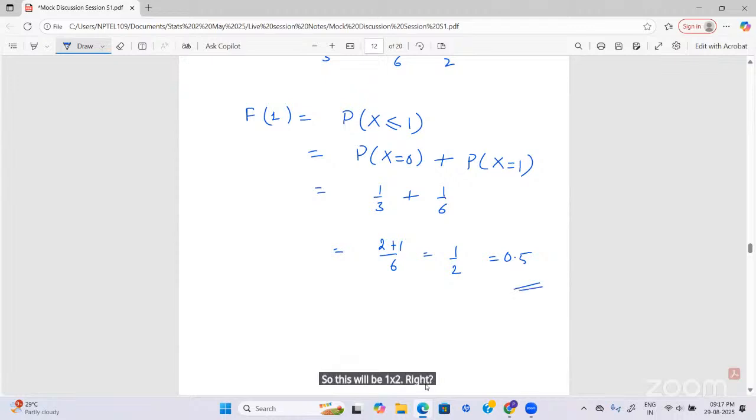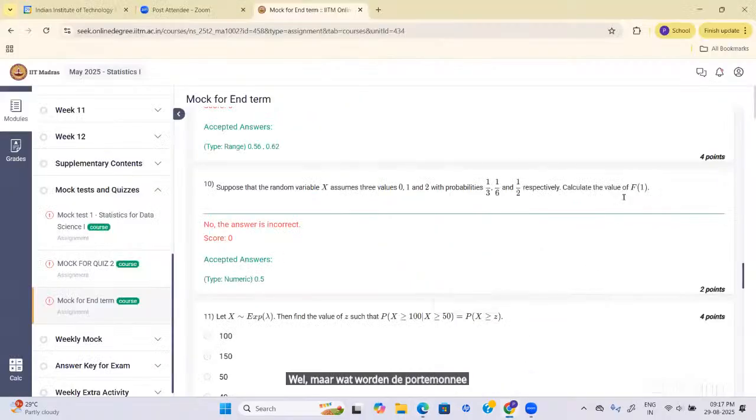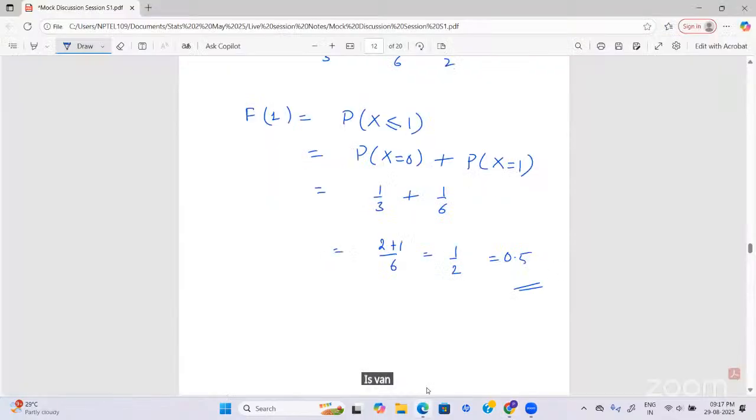Ma'am, how to identify it's a CDF? It is CDF.